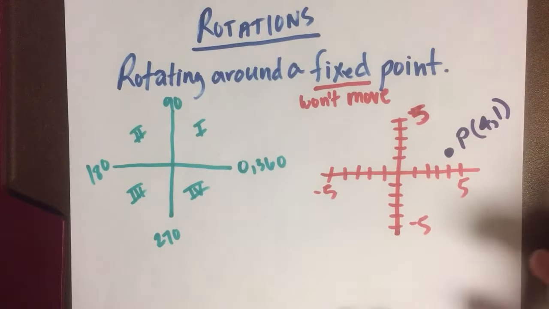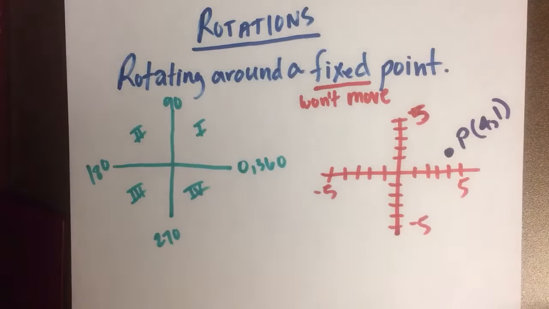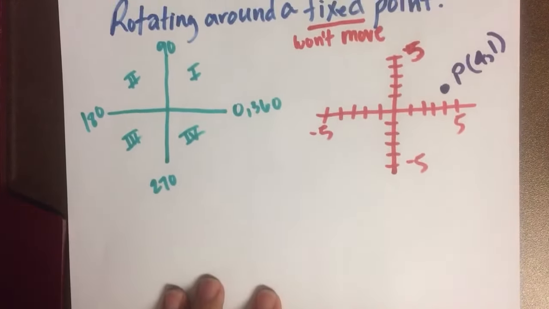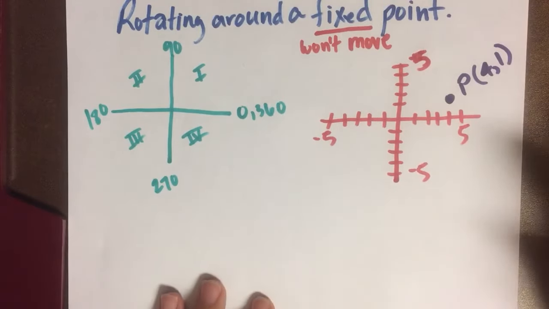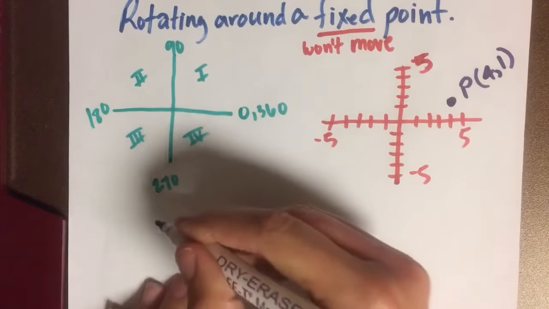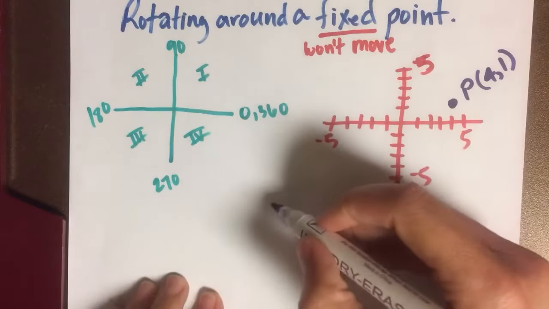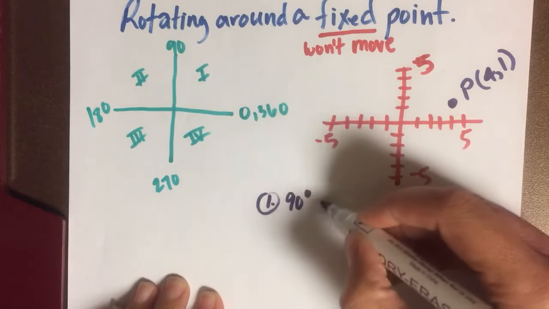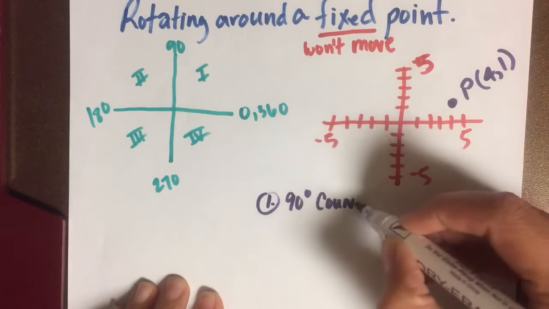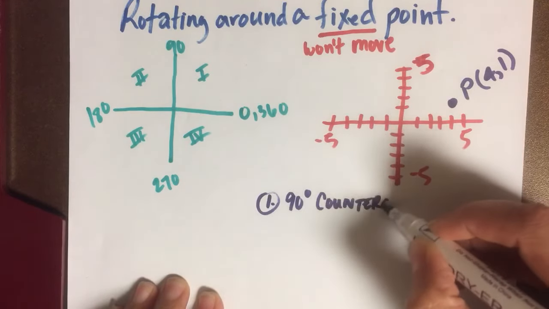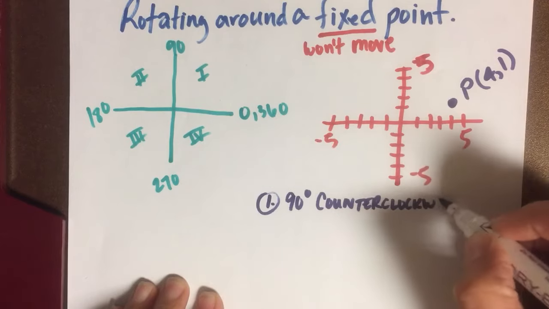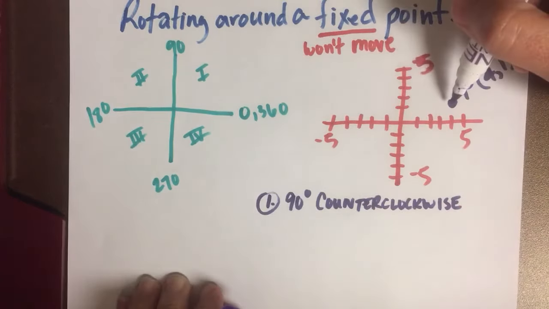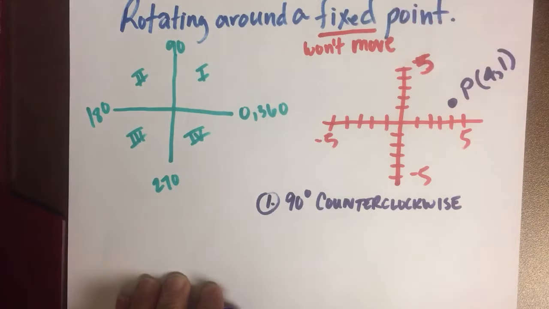Now, I want to do three things to point P. First thing I want to do with point P is rotate it 90 degrees counterclockwise. So I'm going to start here and I'm going to go 90 degrees over here.